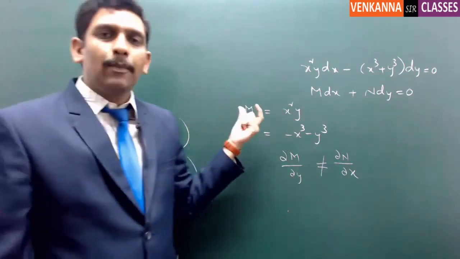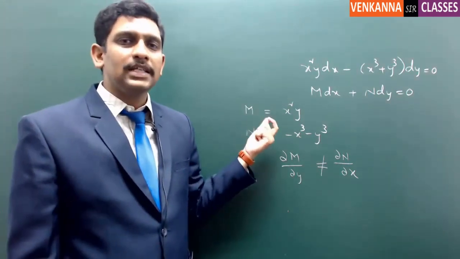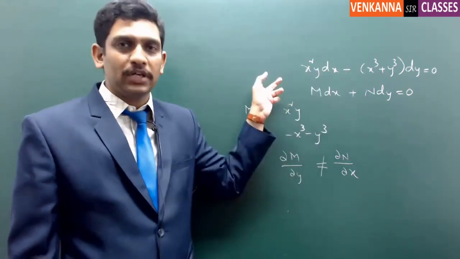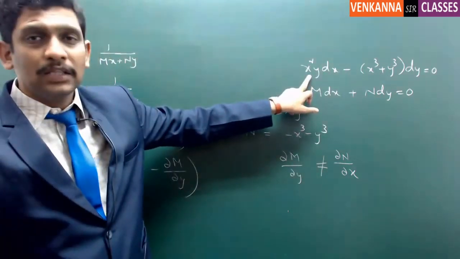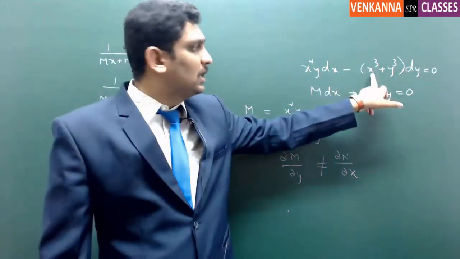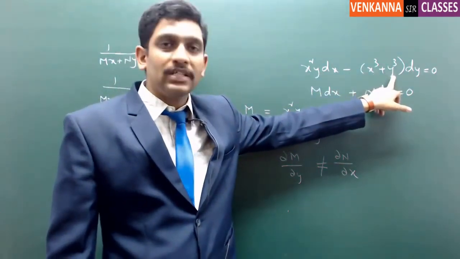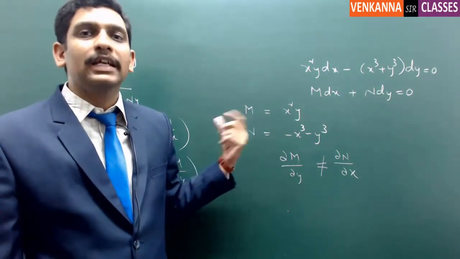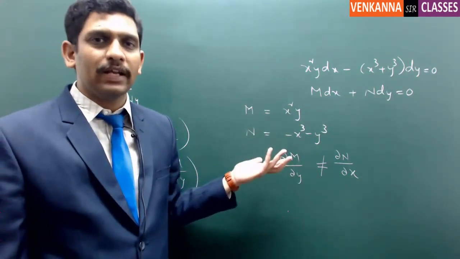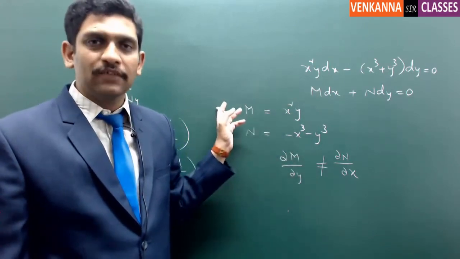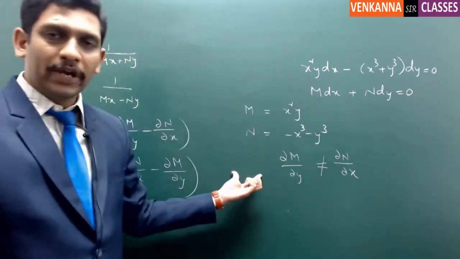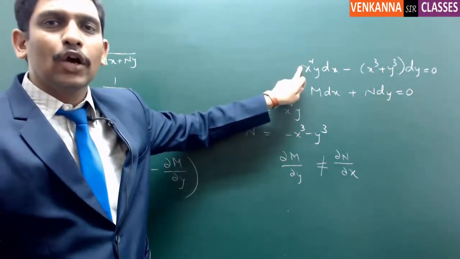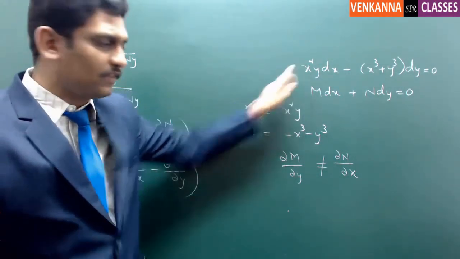So apart from the symbol, consider the total power in each term of the equation. Here the total power is 3, 3, 3. So each term in the equation has equal power, in other words equal degree. So it is a homogeneous equation. Here we write that the given differential equation is a homogeneous differential equation.